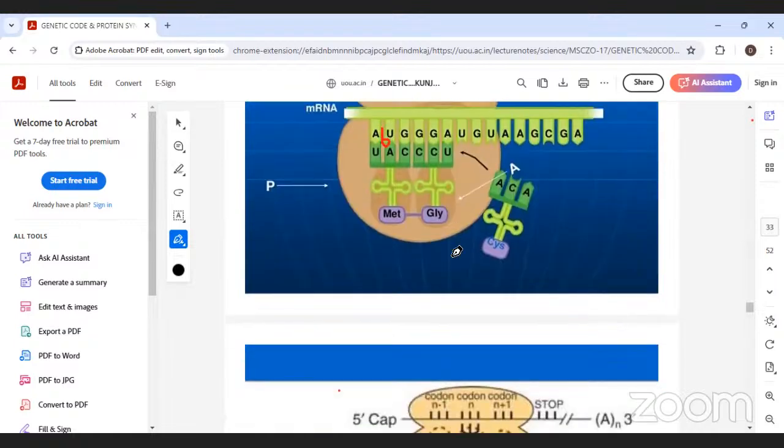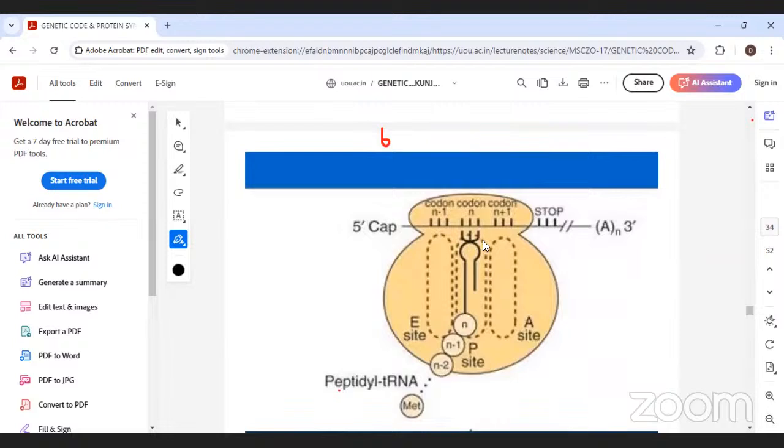GTP, guanosine triphosphate, and transfer factor G. Which factor is there here? G, that is the translocase. That one is called translocase.